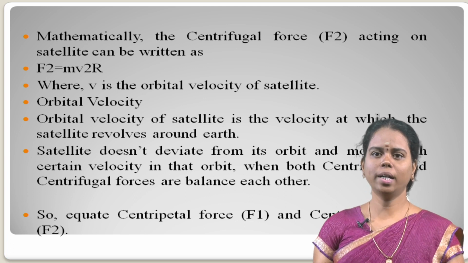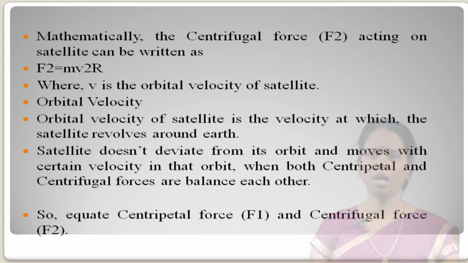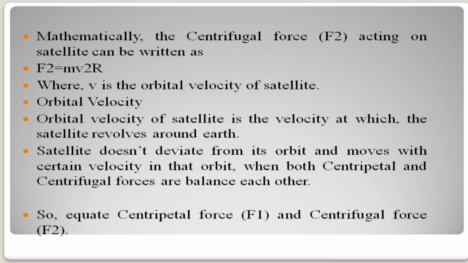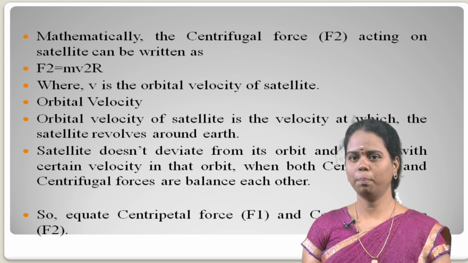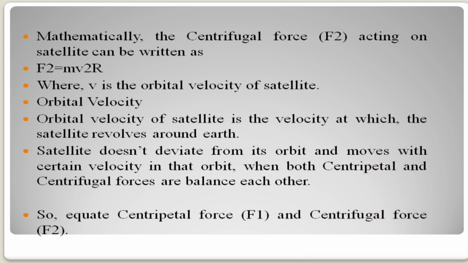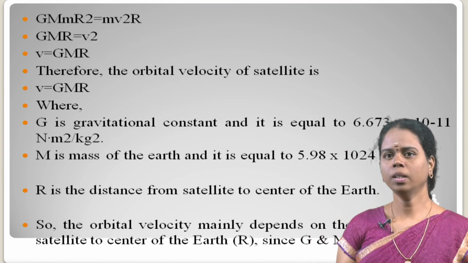The satellite does not deviate from its orbit and moves with a certain velocity in the orbit when both centripetal and centrifugal forces are balanced with each other. So equate the centripetal force F1 and the centrifugal force F2.